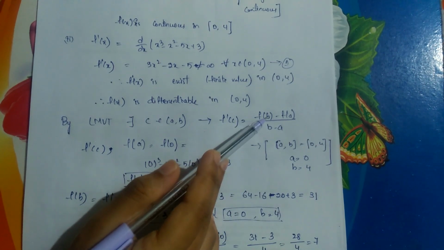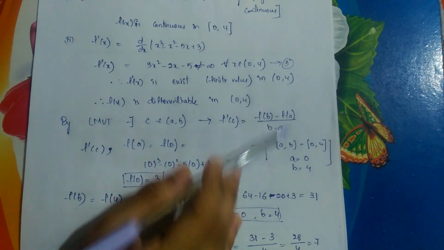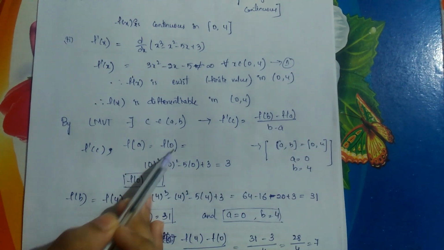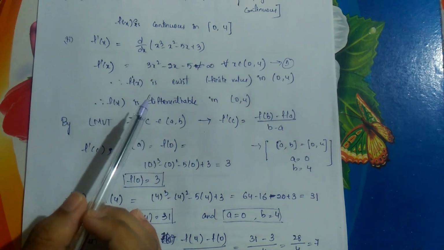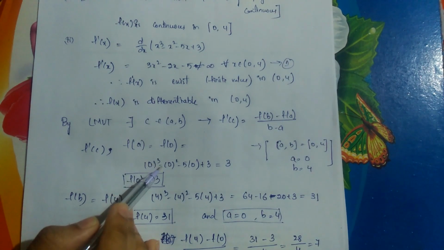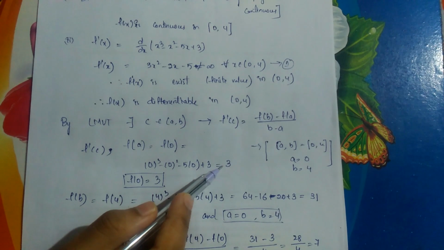So here we have to find f of b. F of b is nothing but f of 4, and f of a is nothing but f of 0. Substitute 0 in the function f of x, you get 0 whole cube minus 0 square minus 5 into 0 plus 3, and you get 3.